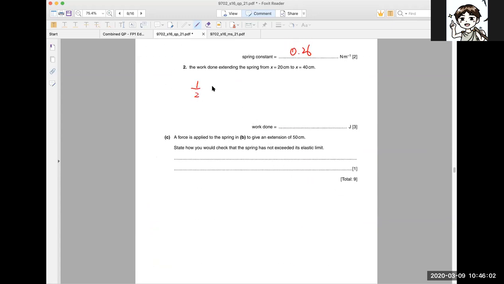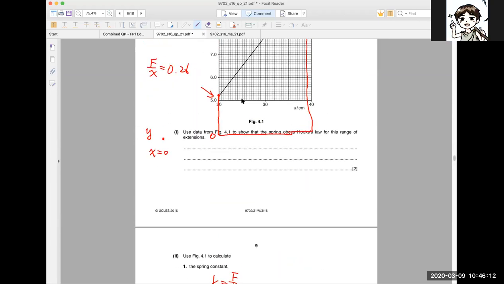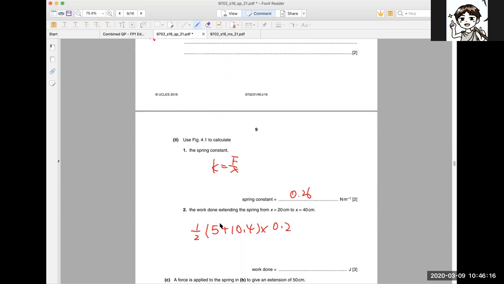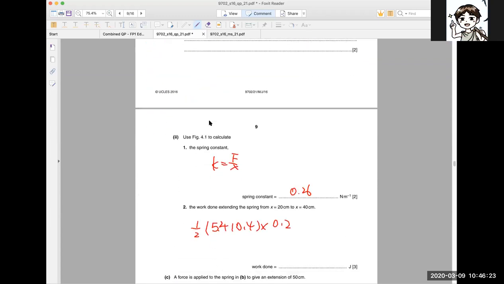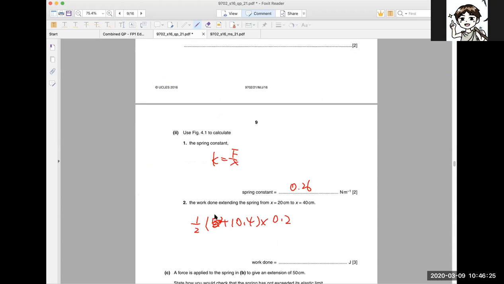So the area should be 5.2 plus 10.4 times 0.2. Oh, sorry, it's not starting from 5, it's starting from 5.2. Yeah. Okay. And then you can get the work done.